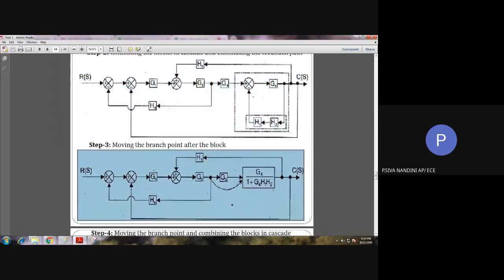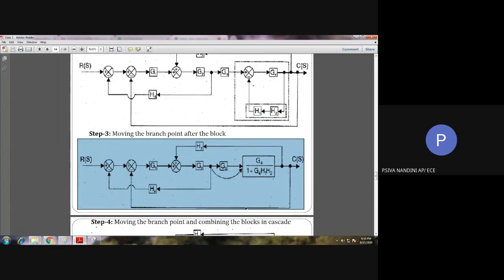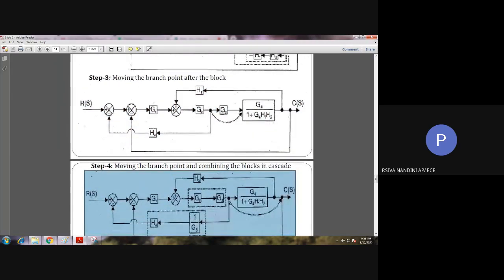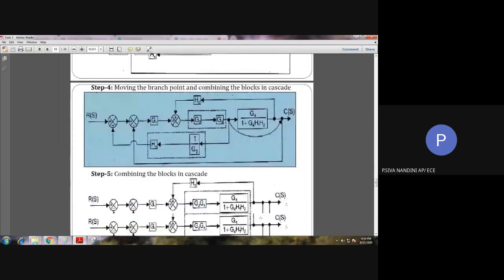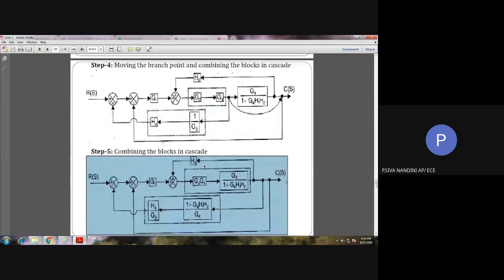In the next step, we move the branch point after the block to convert it into a positive feedback loop. After that, we move the same branch point after the last block also, and thus we obtain the positive feedback.